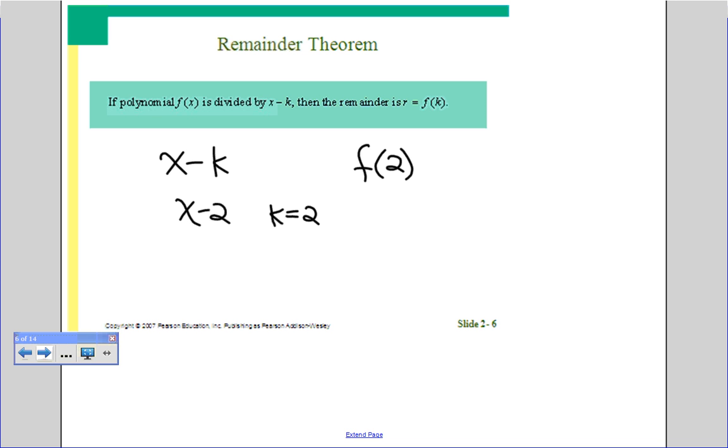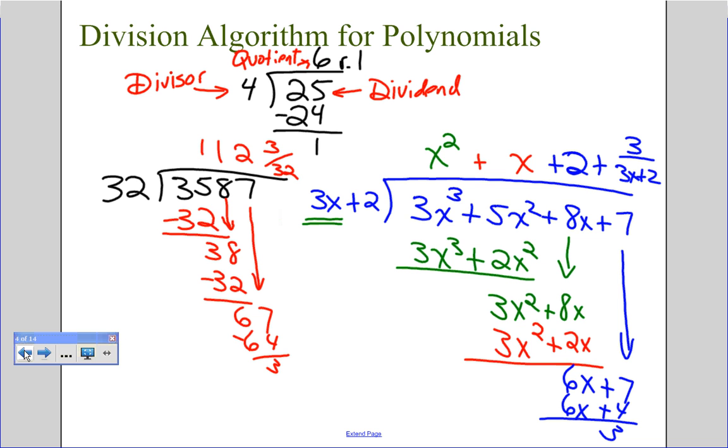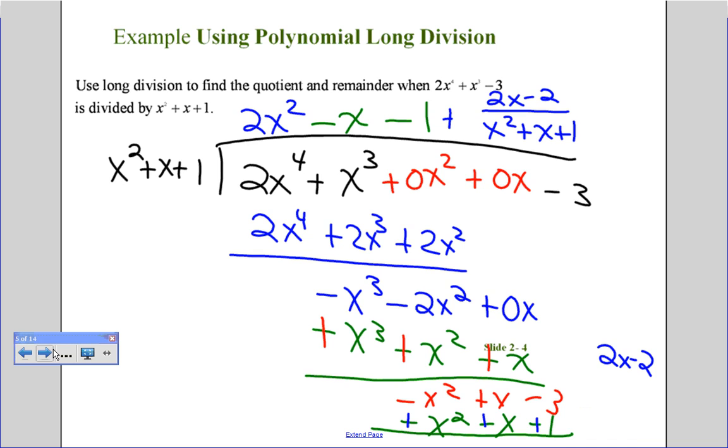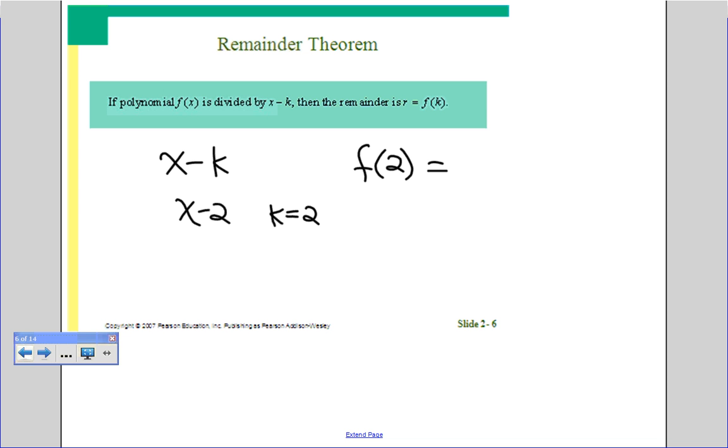In the previous example where we had the polynomial, let's do a simpler one: 3x cubed plus 5x squared plus 8x plus 7.